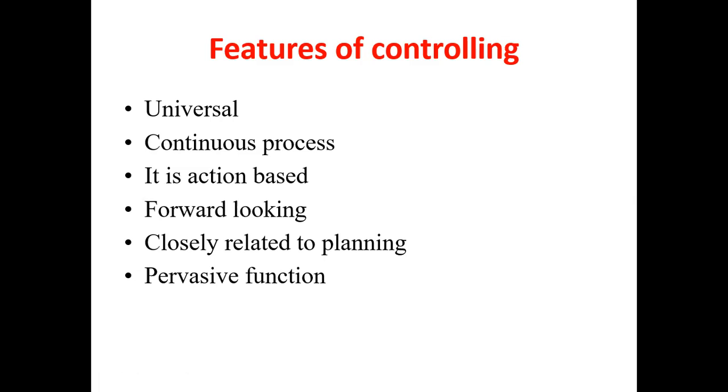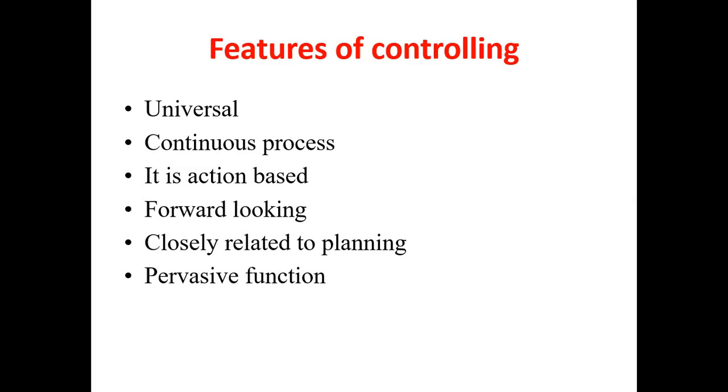Next, controlling is closely related to planning. Planning gives directions to various business activities, while controlling verifies and measures the performance of these activities and suggests proper measures to remove the deviations.